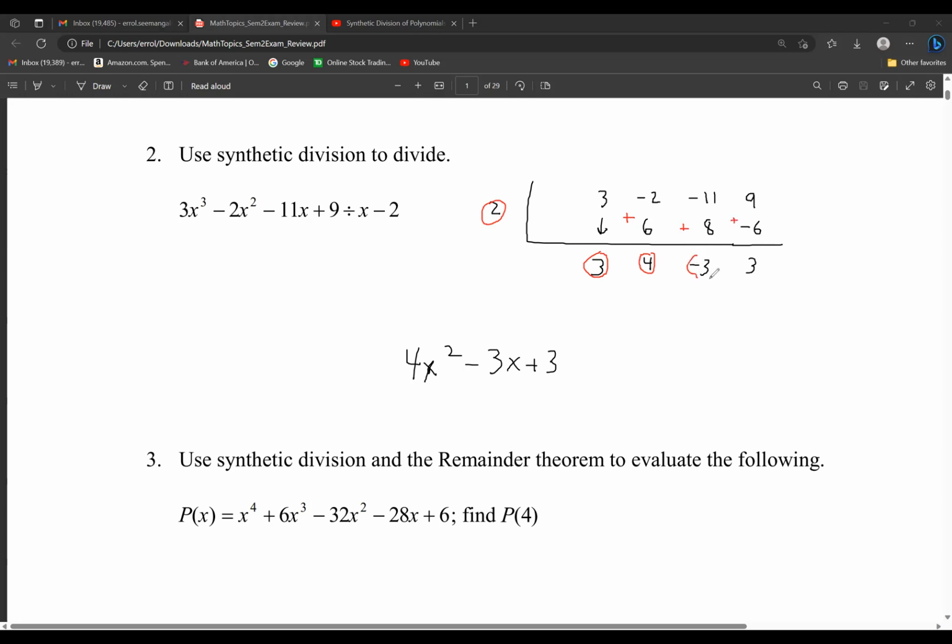Whatever the number on the bottom is here, multiply that by the 2. So 2 times that one, 2 times that one, 2 times that one. 2 times 3 is this 6. 2 times 4 is this 8. 2 times -3 is this -6.